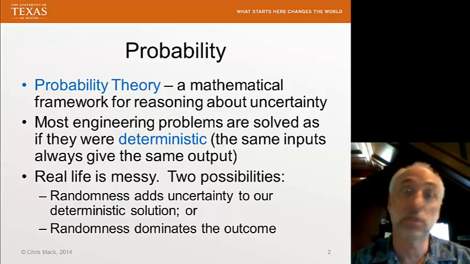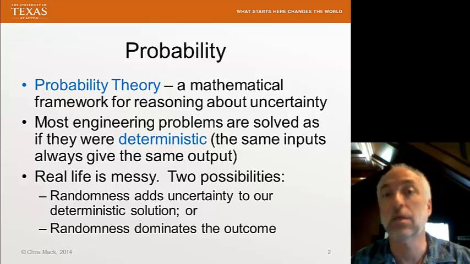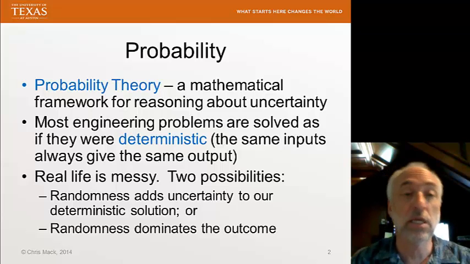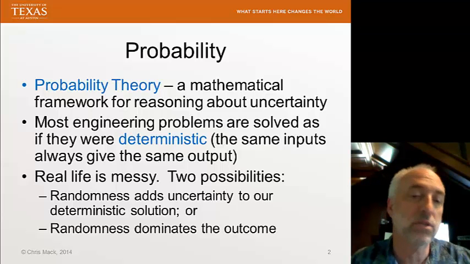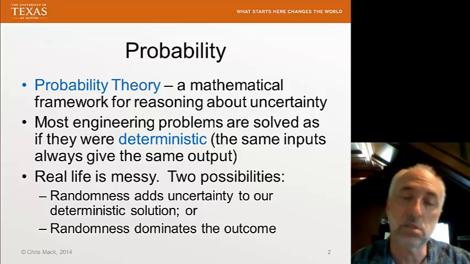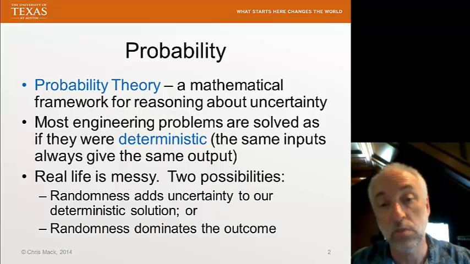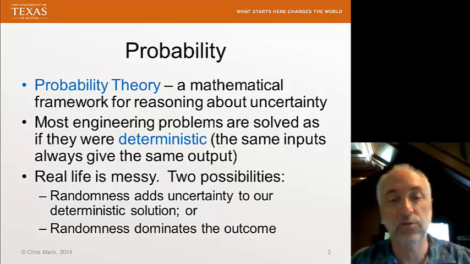But if I have some uncertainty in the initial angle or the initial velocity, that will propagate to become uncertainty in the final answer. If there are some other uncertainties like wind resistance or changes in wind resistance, air resistance and wind, that can add uncertainty to the answer as well.